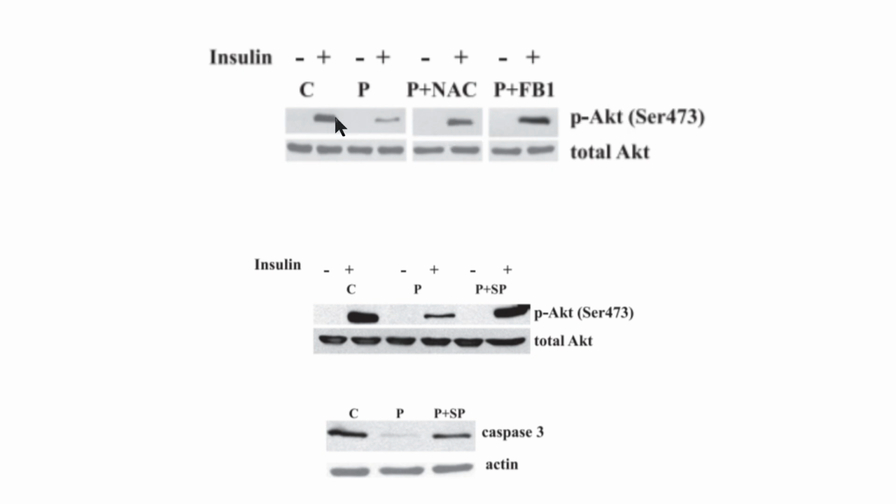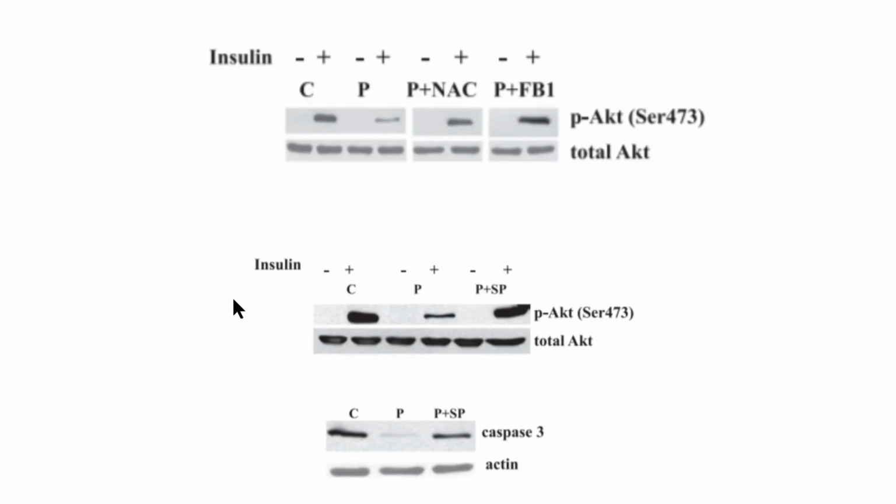Maybe not quite the same as control, that's up to your judgment by eye, but I think we can agree that it definitely increases from here. Then, separately, with the same condition, palmitate added, they add this fumonisin B1. Then you see a rebound in the phosphorylation of AKT again. So through two separate pathways, we're able to recover the phosphorylation of AKT. This is really interesting because it will tell us things in the future.